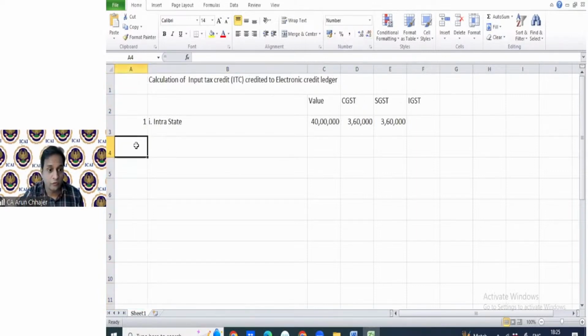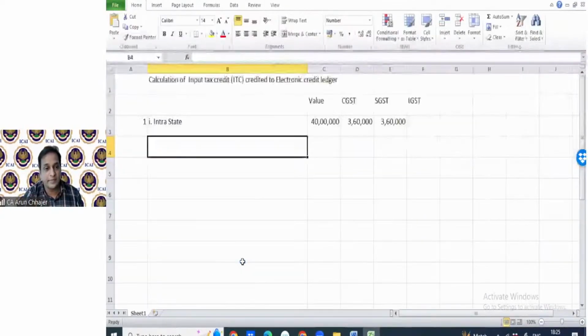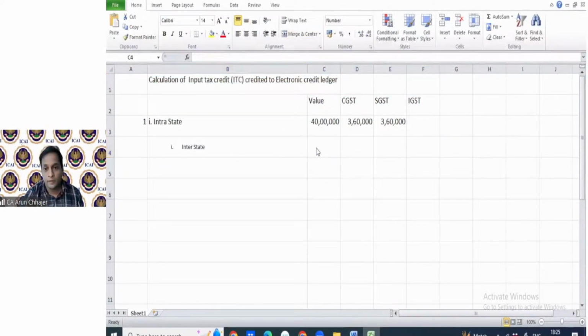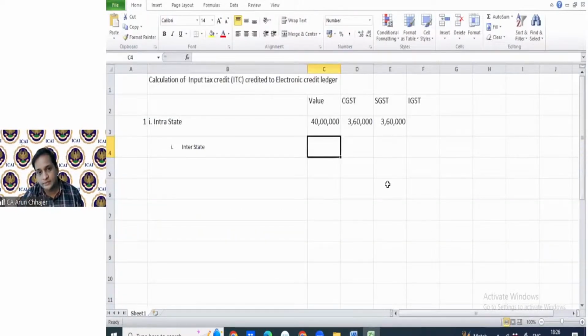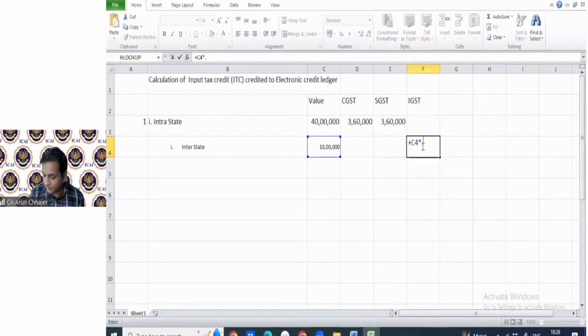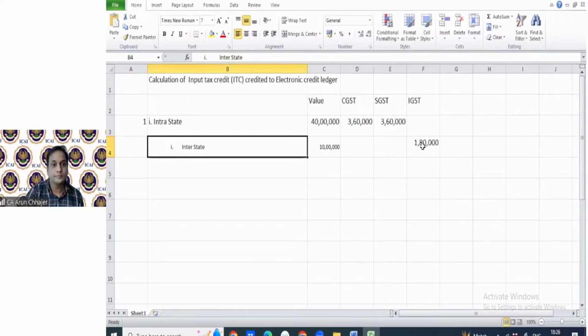ठीक है. So first is intrastate supplies. I have written interstate supply. Interstate supply. So what is the amount? 10 lakh rupees. Correct. And it would be IGST and that would be 18%. ठीक है.